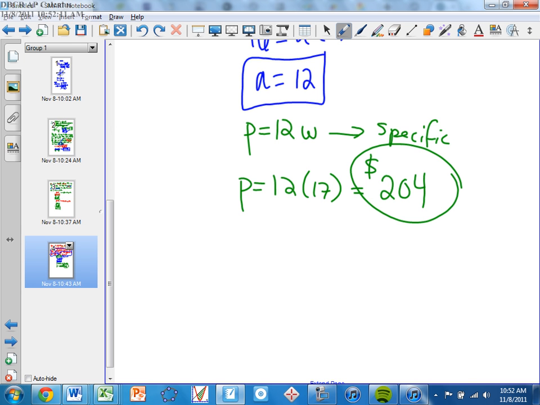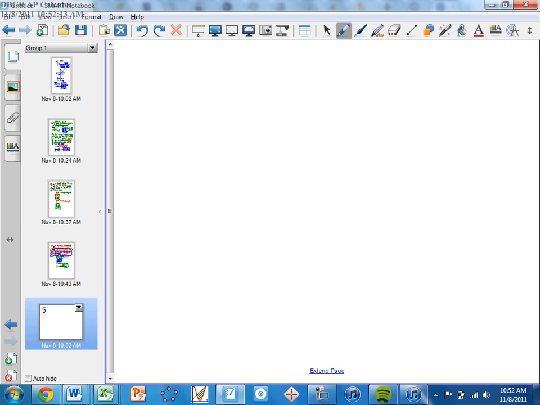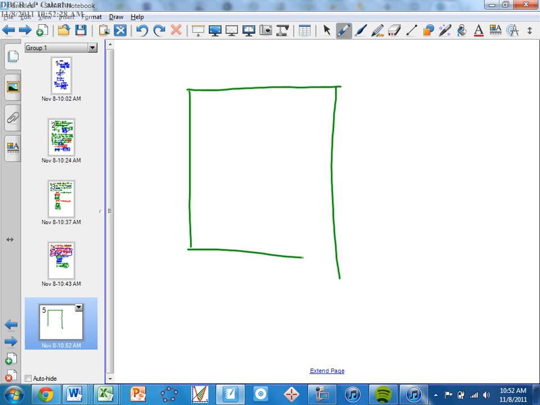All right. Let's look for a second at the next thing now. I want to do another example of direct variation with a table. We'll do indirect tomorrow. We'll spend 2 days on this.